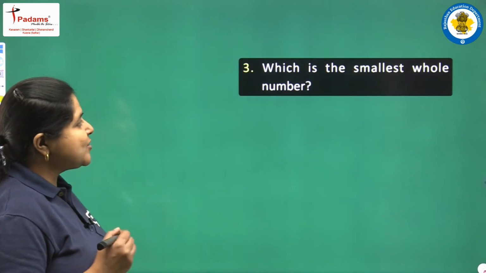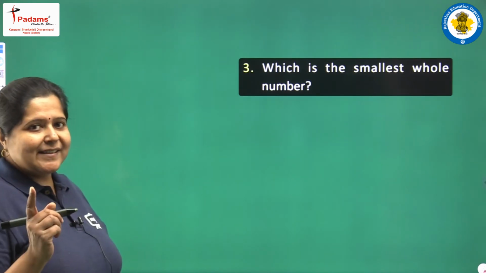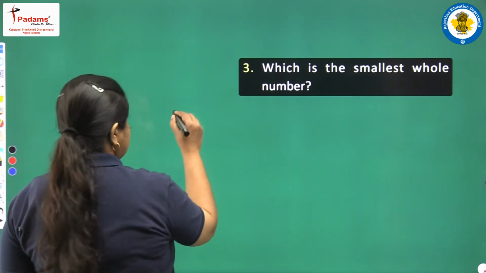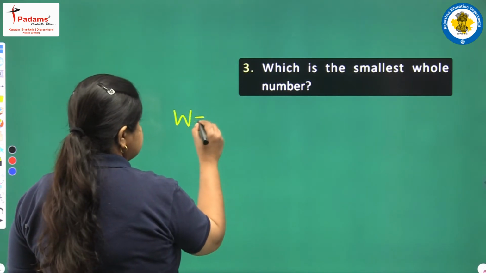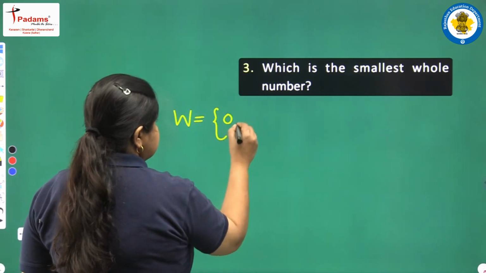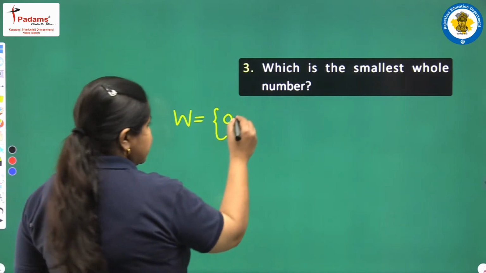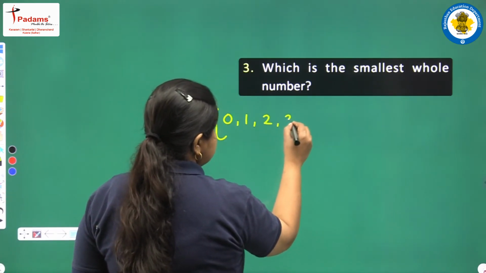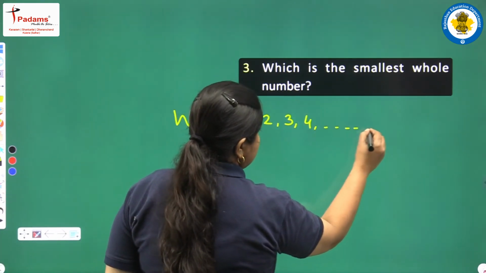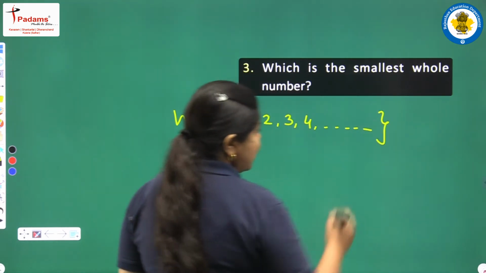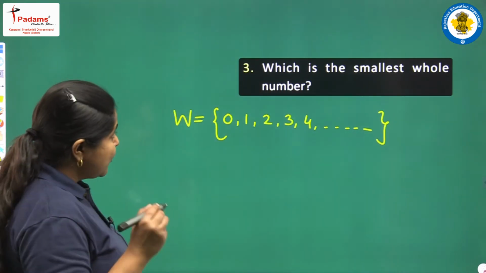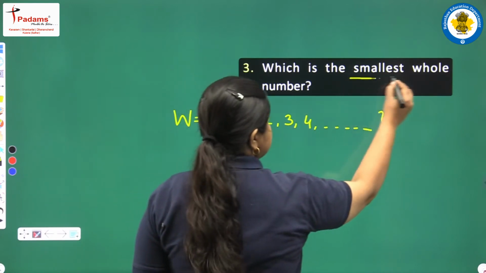Which is the smallest whole number? This is very easy. You know that the set of whole numbers is denoted by capital W and it is started from 0. 0, 1, 2, 3, 4 and so on. The numbers keep on going endlessly. Now, which is the smallest whole number?